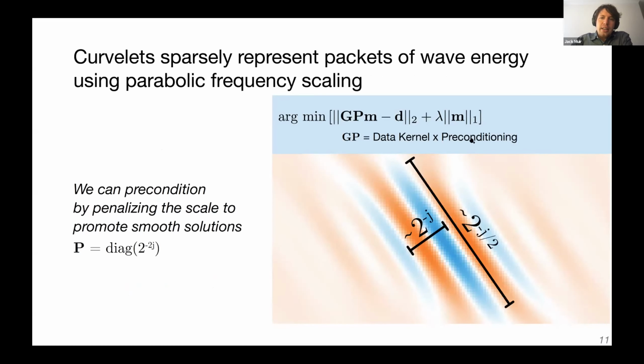In particular, the curvelets have this parabolic scaling relationship where the scale at a particular curvelet level J goes like 2 to the minus J perpendicular to the wave field and 2 to the minus J over 2 parallel to the wave field. If we were to penalize the scale with a preconditioning matrix that looks like 2 to the minus 2J, you're essentially penalizing the second derivative of the wave field.